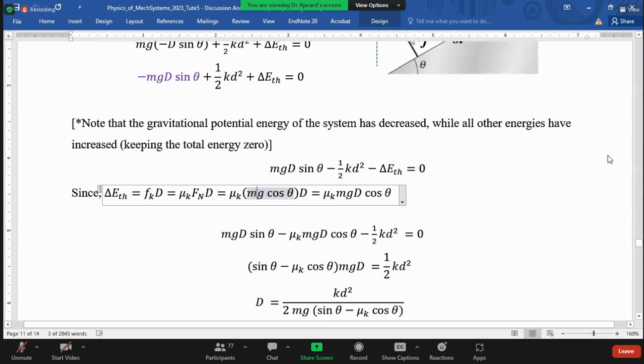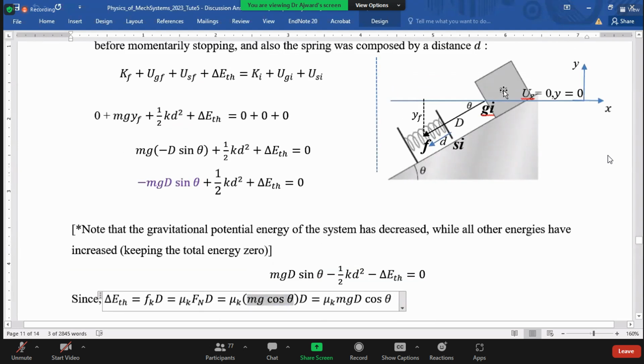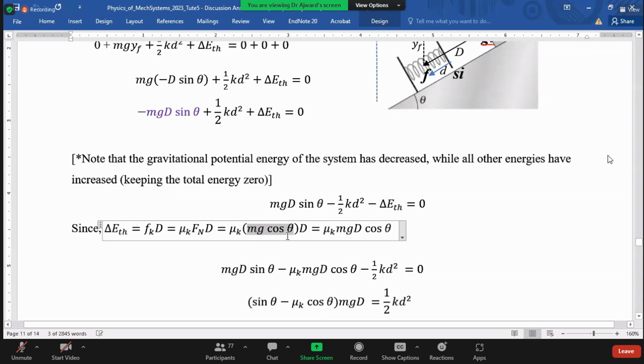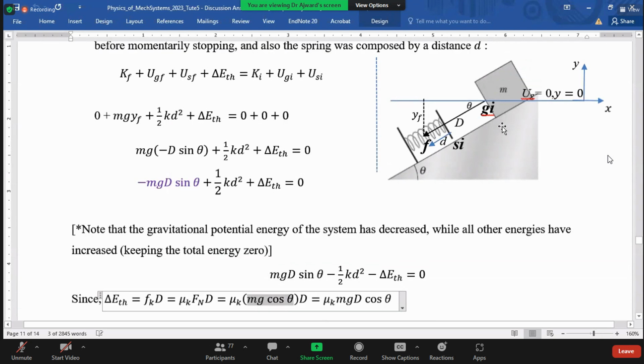And you can put the numbers here, that is the values, because you know the normal force here. Maybe draw the forces, at the center of the block.